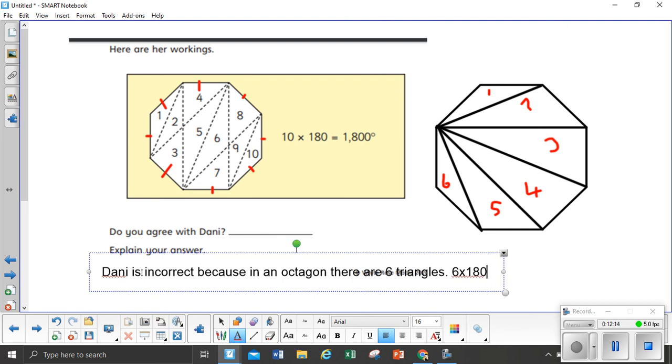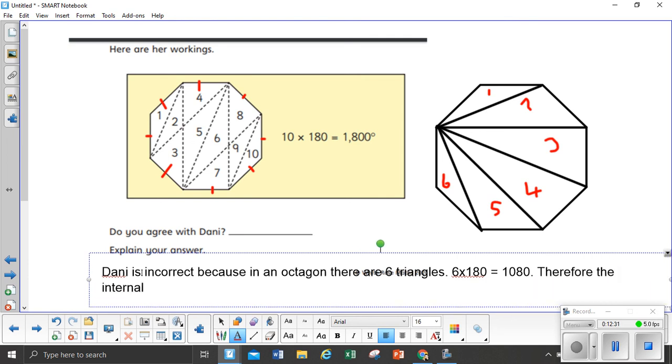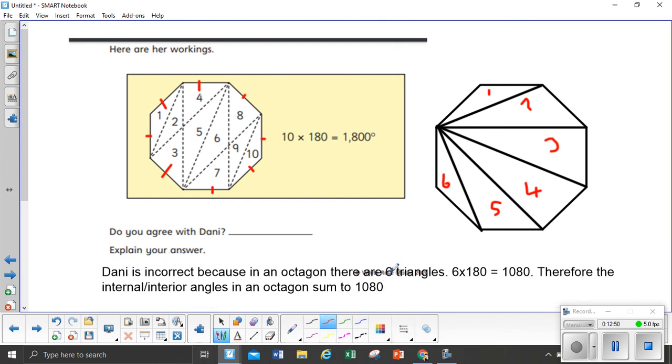I don't have a little degrees button. 6 times 180 equals 1080. Therefore, the internal, or interior, if you'd like to use that one, angles in an octagon sum to 1080. I'll have to do it with a little pen. Degrees. Stop.